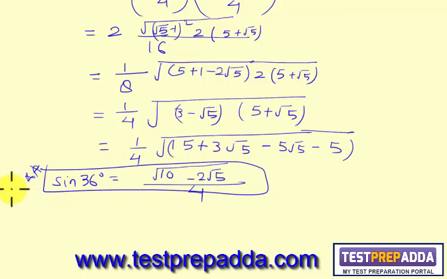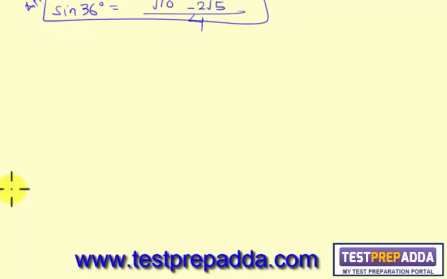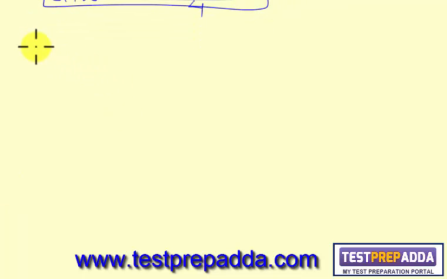Very special. Okay. Now, after this, I'll try to find the value of cos 36 degree. First of all, let me tell you, cos 36 degree can be written as cos of 90 minus 54.